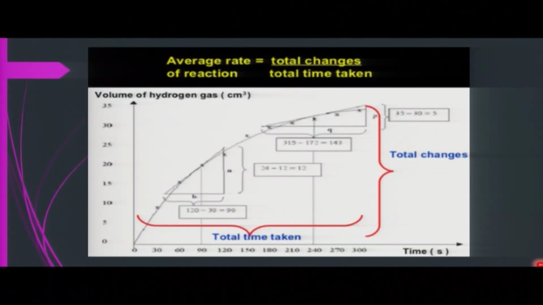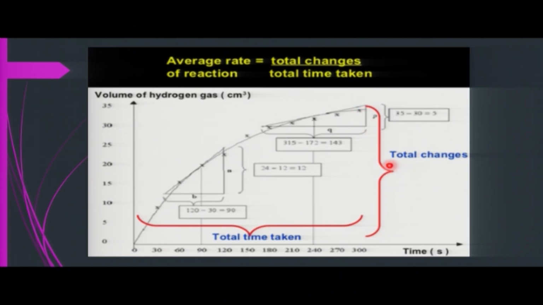So, again, this is a typical curve for hydrogen gas produced. You see, if you plotted it, plotting the values or the experimental data, you would get it this way. So the average rate would be the total changes, as you see.